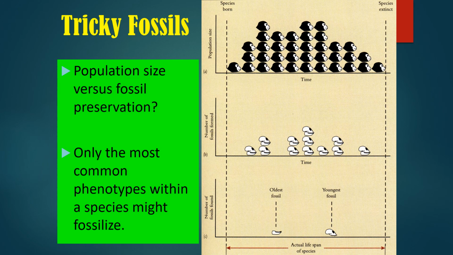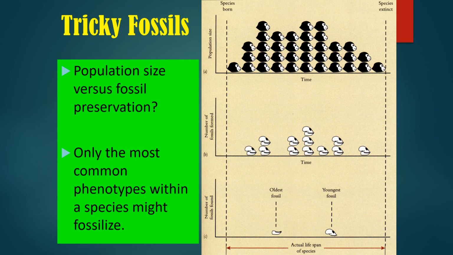So think about this in two separate ways. First, you have population size versus fossil preservation, right? It's very rare that you have conditions in which a fossil will form. It requires very specific environmental conditions. If you want to review that, go back to looking at our lecture from chapter 8.